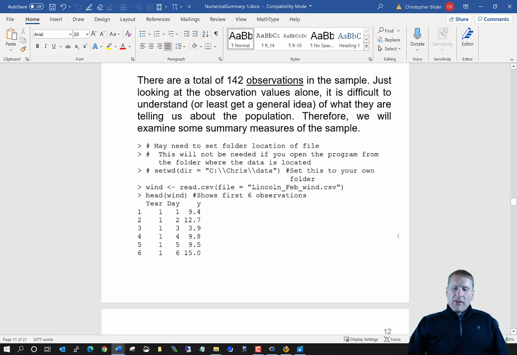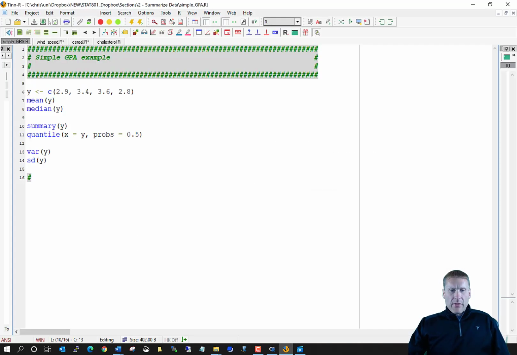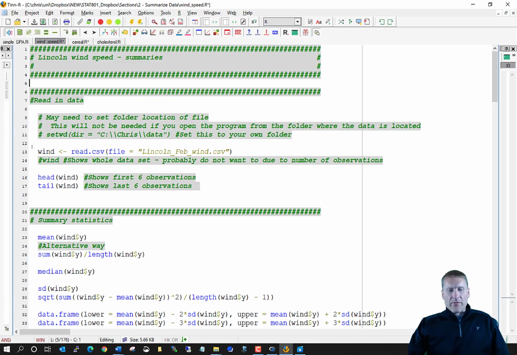So let's take a look at this. Come over here to the wind speed example. The data is actually in a comma delimited file. Again, you can download that from my website. What I'm going to do is read it in using the read.csv function and put it into an object called wind. I've already done that.